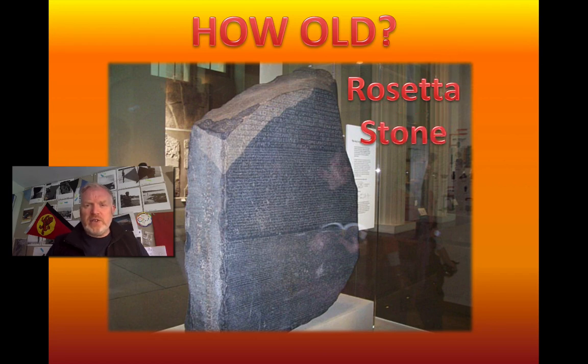This is how we can interpret hieroglyphics, because this has an inscription of hieroglyphics and also Greek that we can translate. Is this an old thing? Well, the date on this is from 196 BC, 2,200 years ago. Long time?